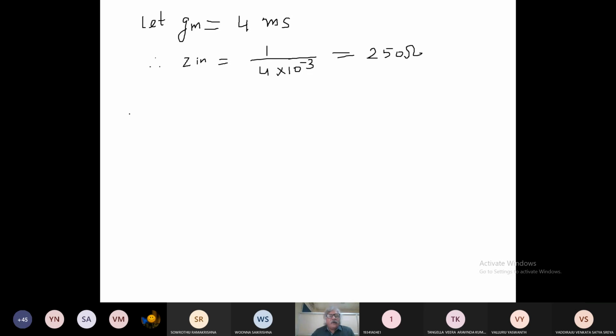So in a common gate JFET amplifier, Zin, that is the input impedance, is low.